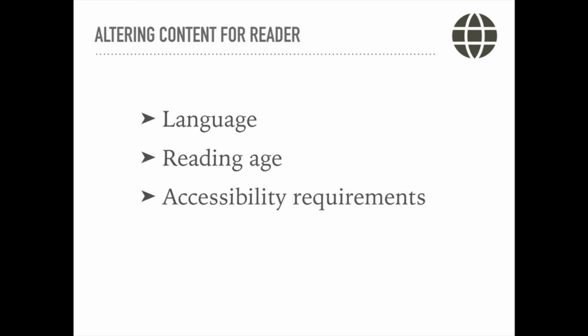And this means that we could offer different types of publication based on the user, on their requirements. So if they have different accessibility requirements, we could give them something a lot more accessible or more suitable for a smaller device, etc. That's definitely possible.